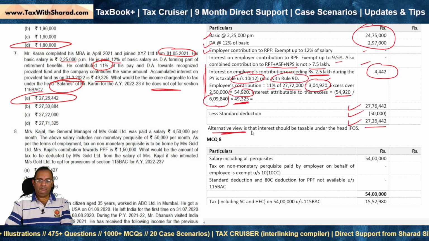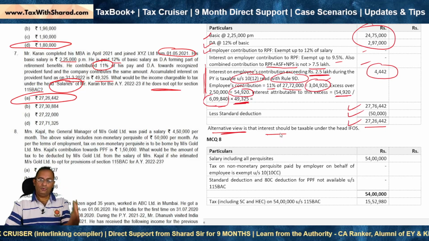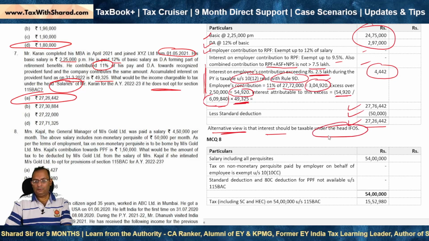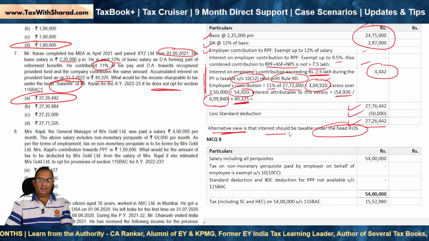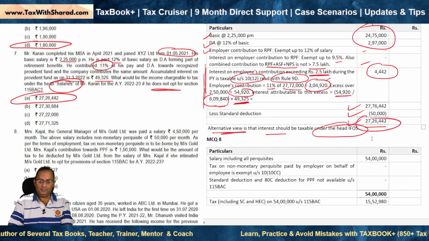The alternative view is that interest, since it doesn't have to do anything with the employment as such, it's the interest on employees' own contribution, it should not get taxed under the head salaries, but should be taxable under the head income from other sources. But in our case, we can go with the view that ICAI has taken on this count, and therefore this becomes the answer to this MCQ.